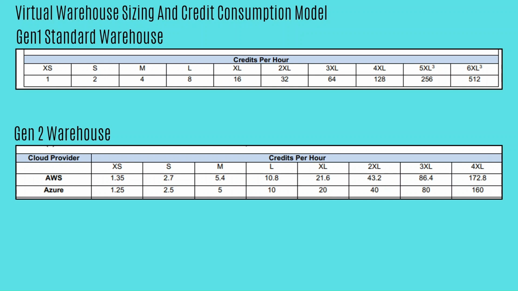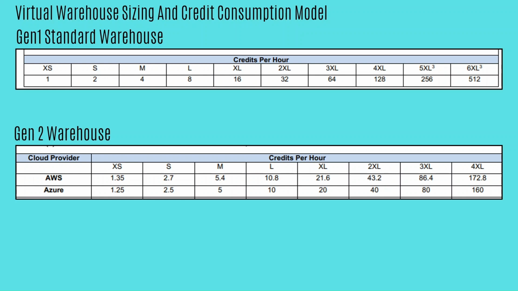Now we all know the sizing. Snowflake does not give us vCore kind of sizing, let's say a 2 vCore machine, 4 vCore machine, or 6 vCore machine. Here the sizing is t-shirt sizing, which starts with XS and goes up to 6XL. Even though we have sizes bigger than 6XL, in most cases 6XL suffices for our problems and use cases, so I am taking the sizing till 6XL.